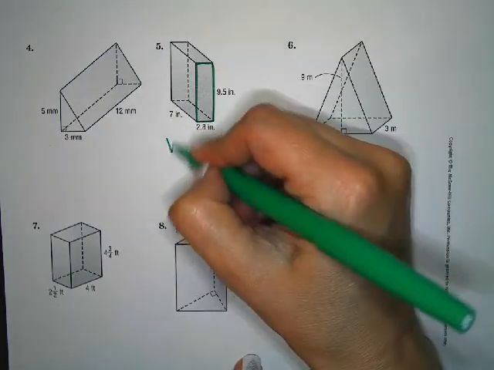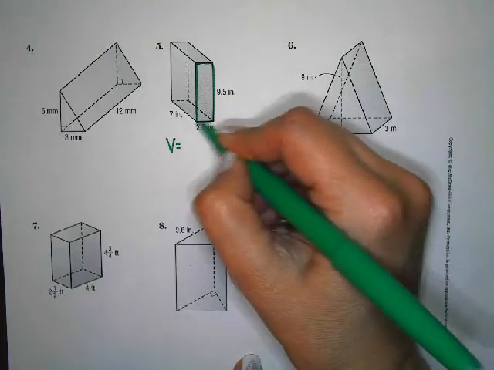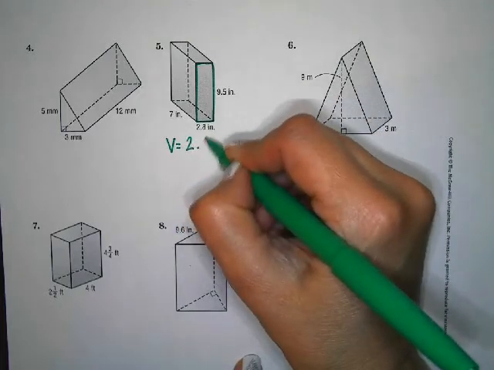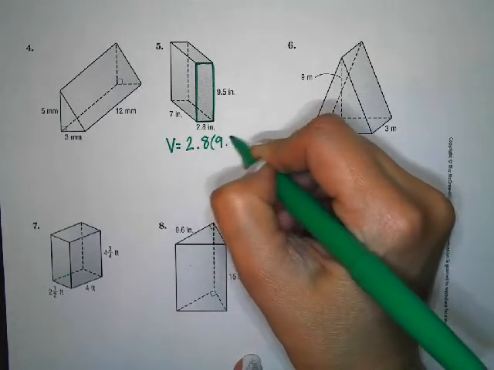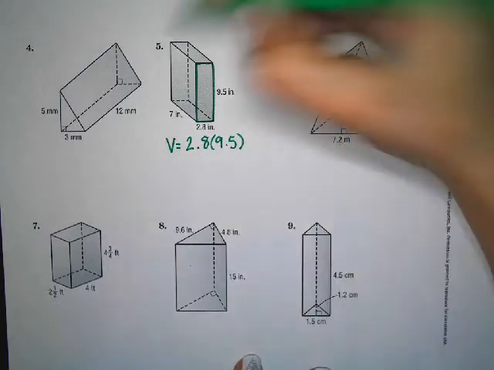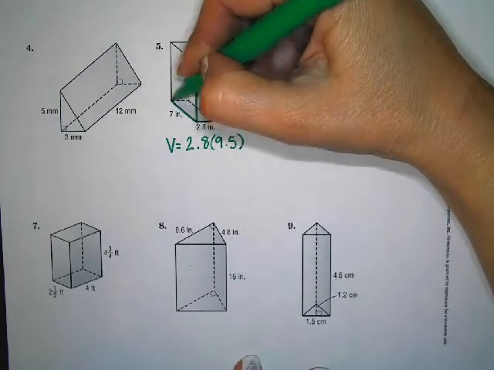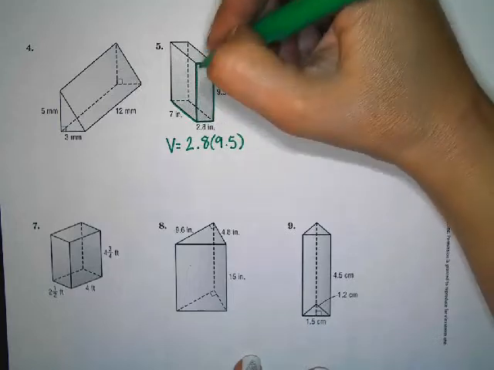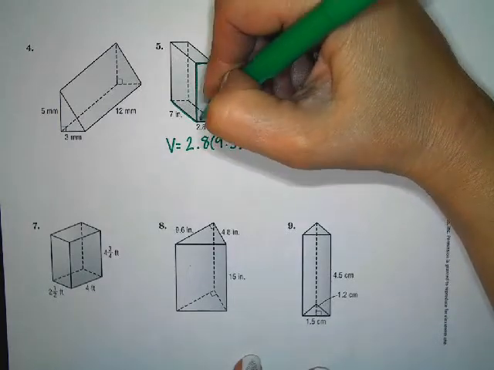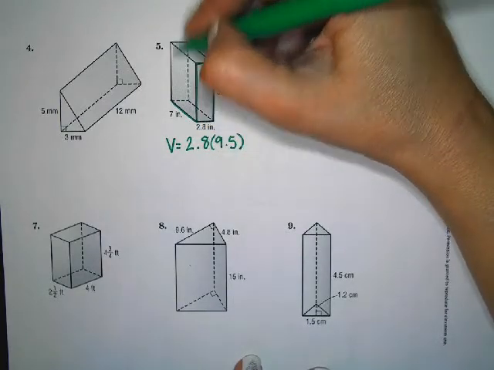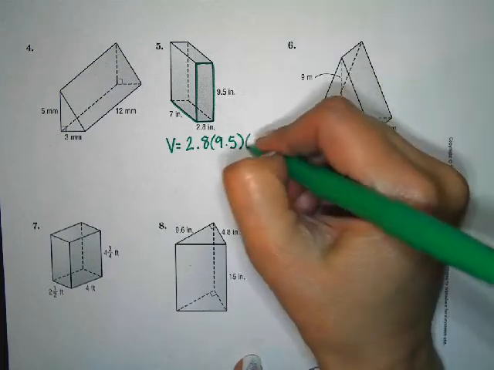So our volume is going to be equal to the area of our base, which is 2.8 times 9.5. And then we have to multiply it by the height or the length of this prism. So we have our base, and then it's being pushed back to make the entire prism. So now we have to multiply it by 7.